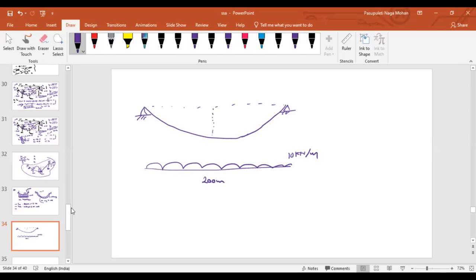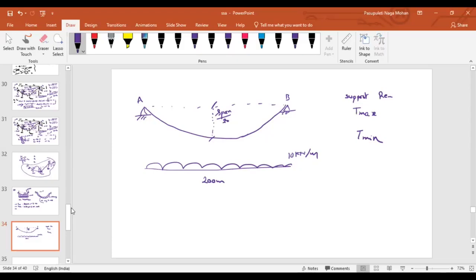They have given that the maximum sag is span divided by 20. Here we have to find the support reactions, where the maximum tension develops in the cable, and also where the minimum tension develops in the cable.